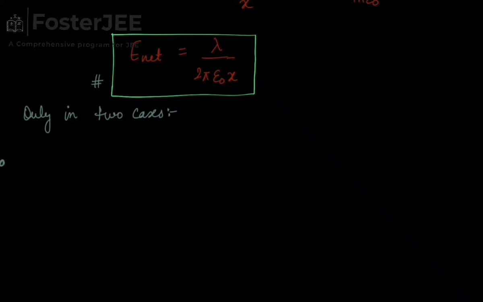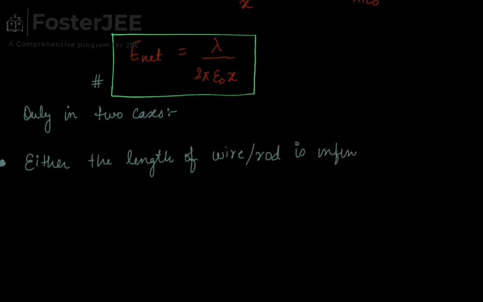First point is either the length of wire or rod is infinite, or the second case, x is very close to the rod.